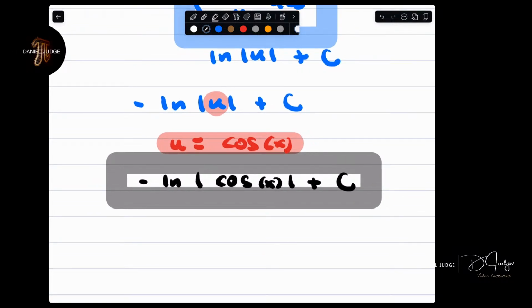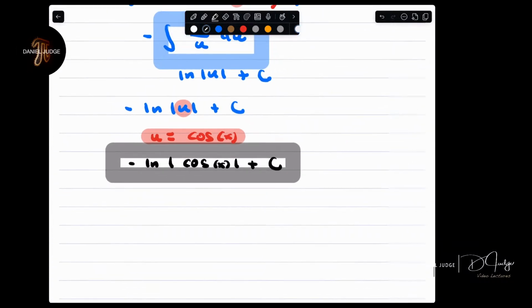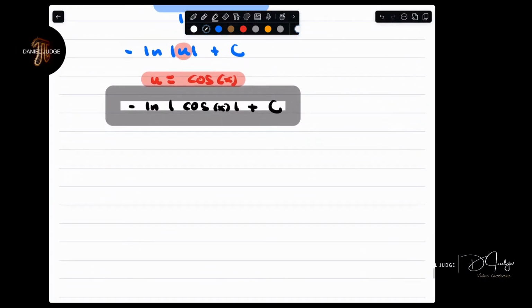Now, you might look at some books here and they'll say, well, they're going to use properties of logs now with the constant that's in front of the natural log, this -1. Here's what I'm going to remark, that negative is -1 here. And we have the power rule for logs.